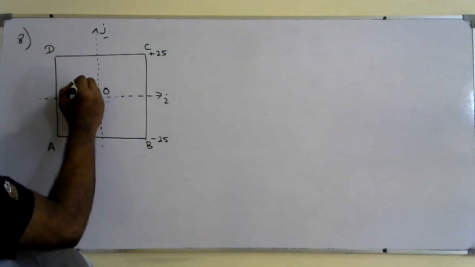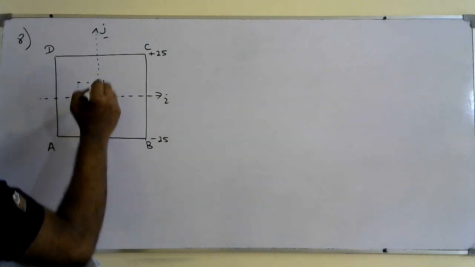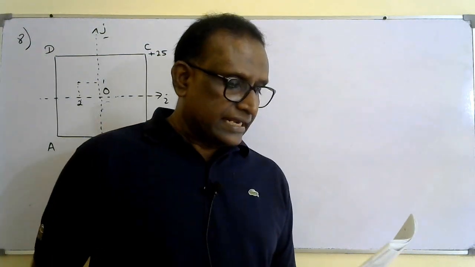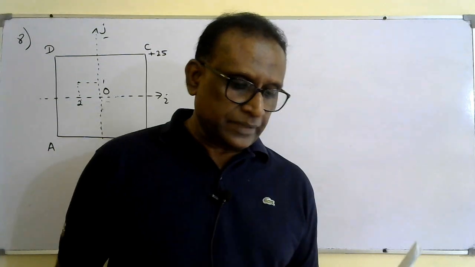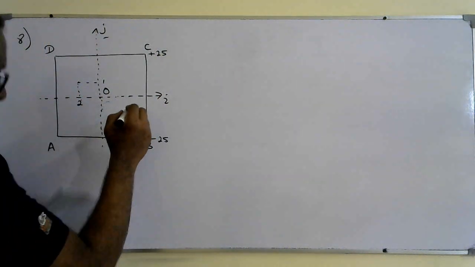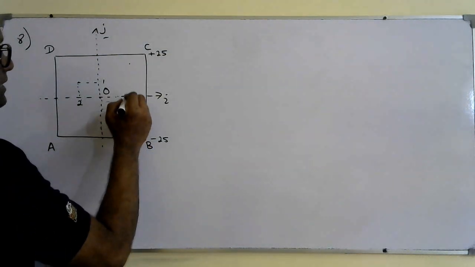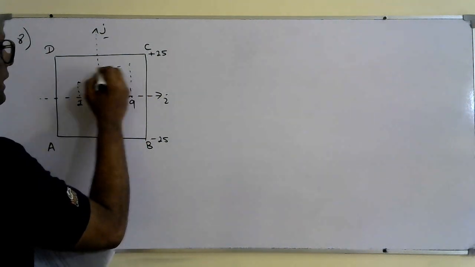Somewhere here it would have stayed, that is here 2, this is 1. At time t equals 11 seconds, R is at the point with position vector 9i plus 23j. So on the right side 9 units and upwards direction 23. Somewhere here it would have come. This is 9i, this is 9i plus 23j, this is 23.